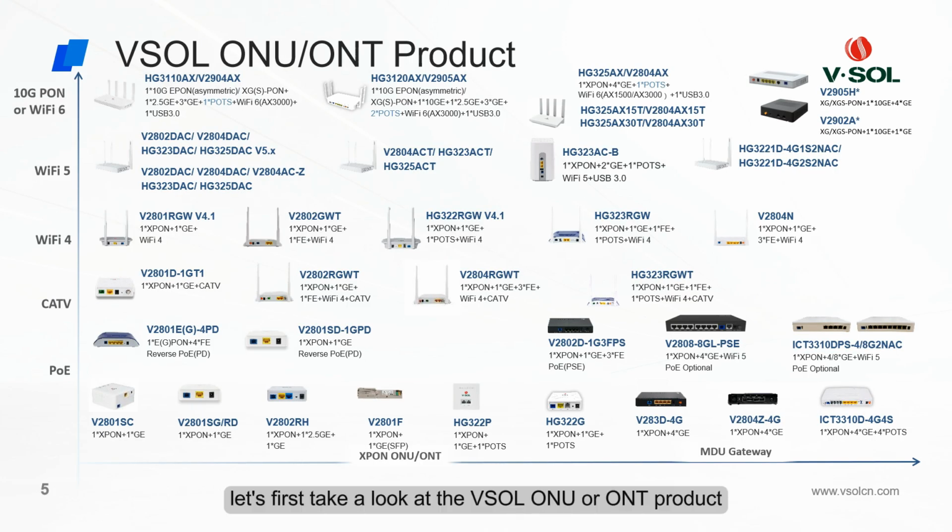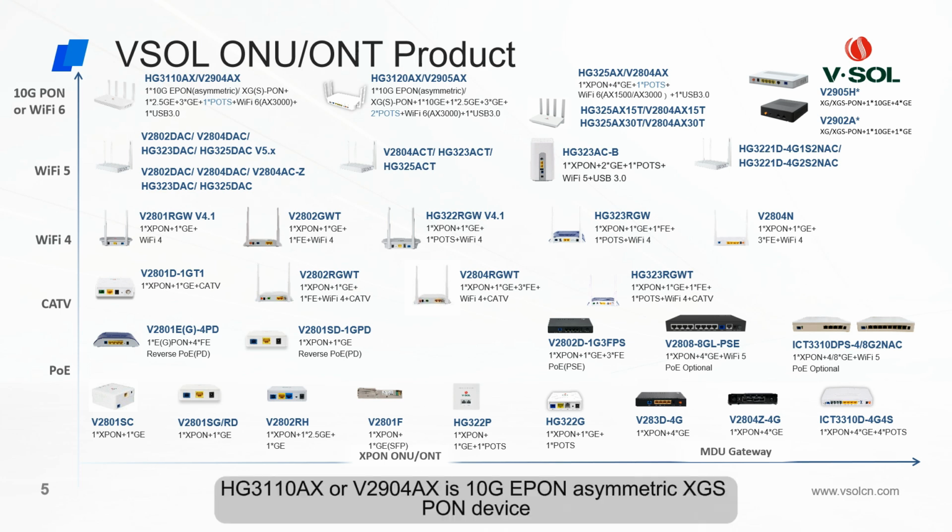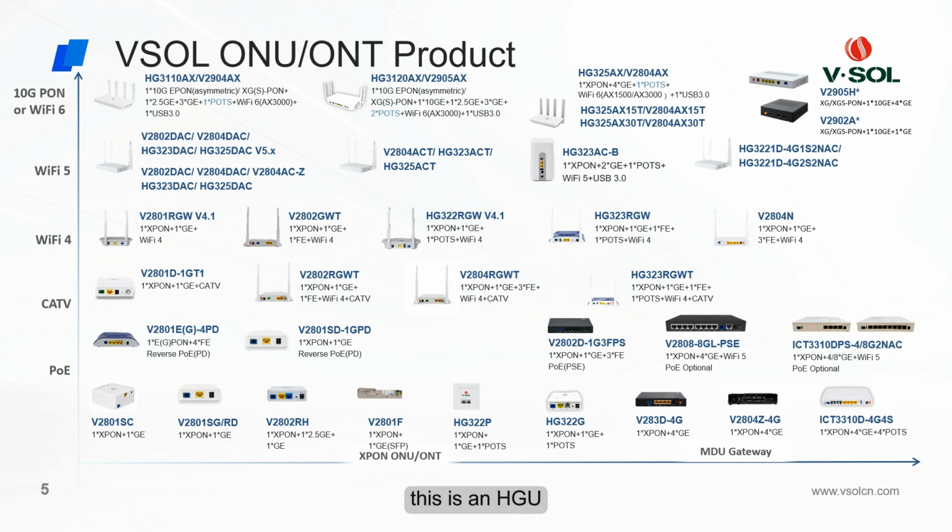Let's first take a look at the VSOL ONU or ONT products. The first line is the 10G-PON or Wi-Fi 6 ONU, HG3110AX or V2904AX, which is a 10G EPON asymmetric/XGS-PON device. This is an HGU that can provide up to 10 Gbps of bandwidth for both upload and download.